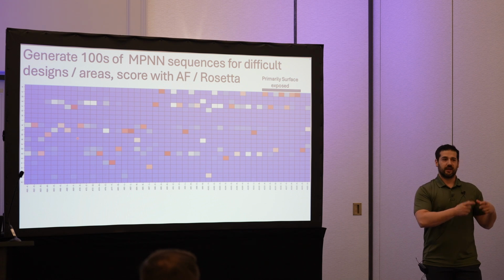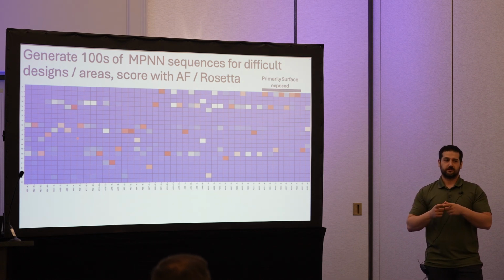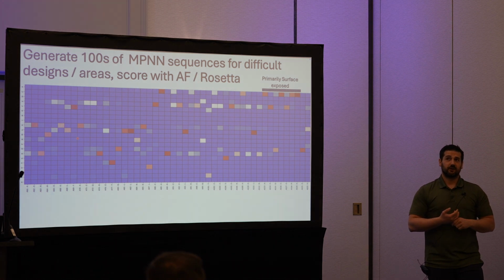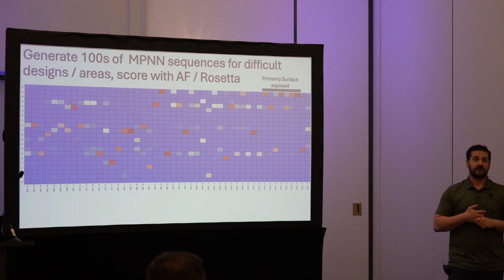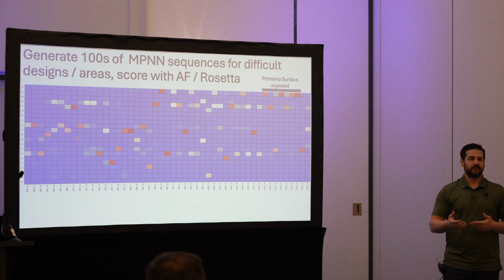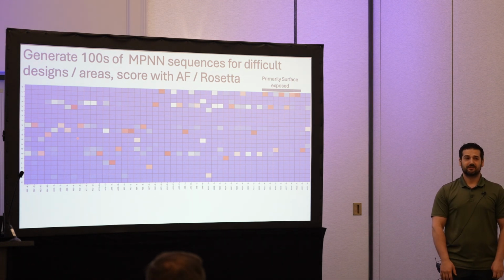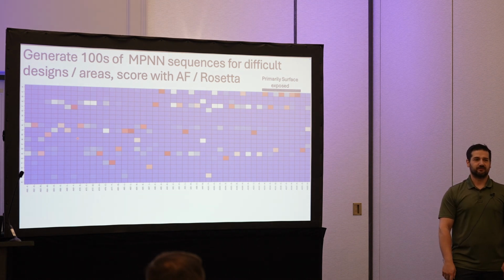I ordered the alanine patch, and then I ordered the redesigned charged patch, and the redesigned charged patch expressed a lot better and achieved the goal of that protein better than the alanine patch. So I don't know why sometimes protein MPNN does this, but I have found it to not always be great.